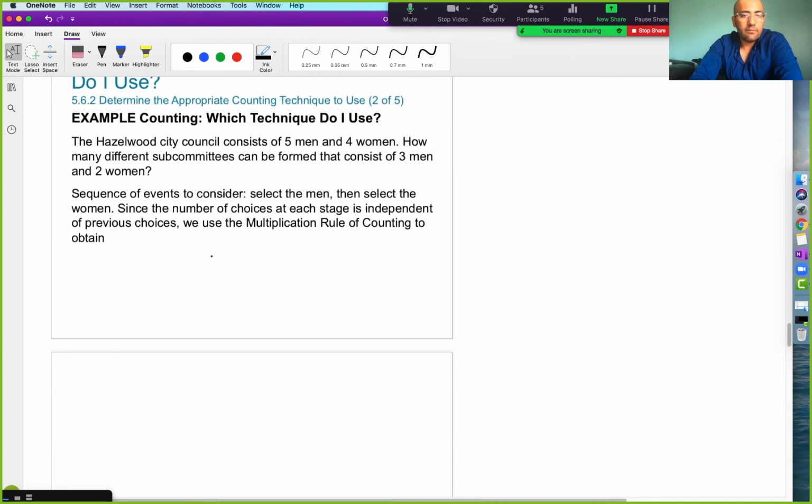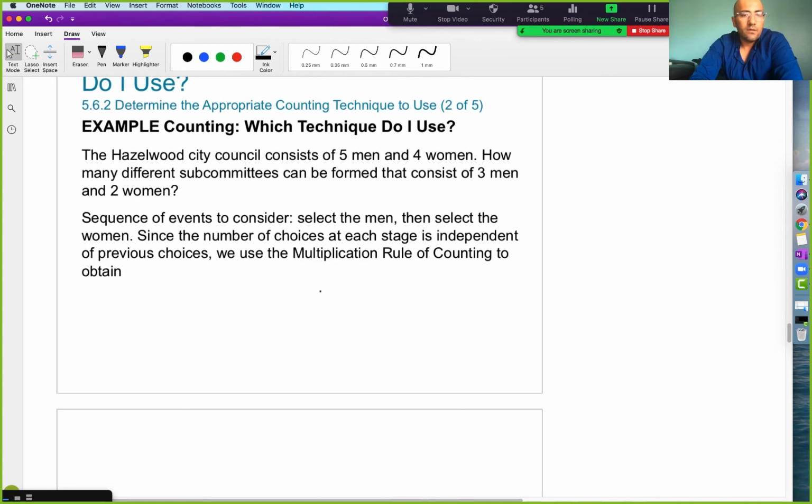Okay, let's look at this example. The Hazelwood City Council consists of 5 men and 4 women. How many different subcommittees can be formed that consist of 3 men and 2 women? So how many different ways are there to form a committee that has 3 men and 2 women?